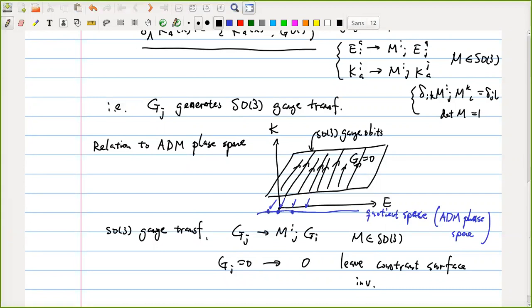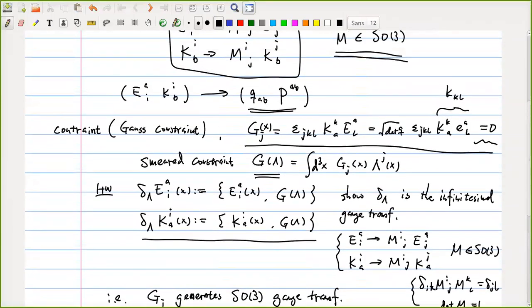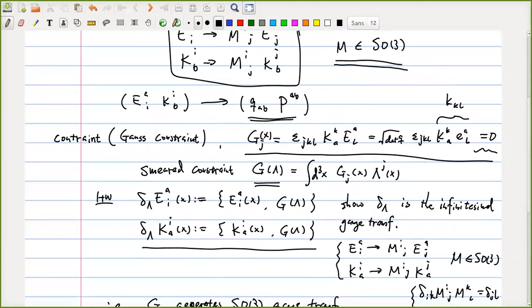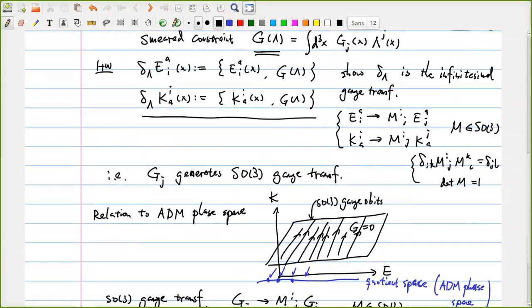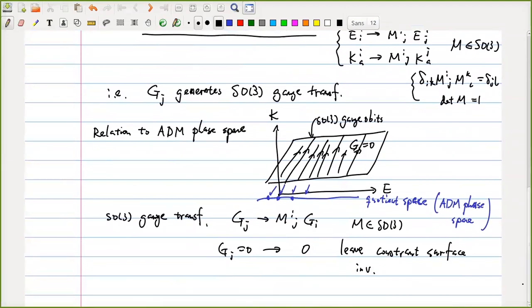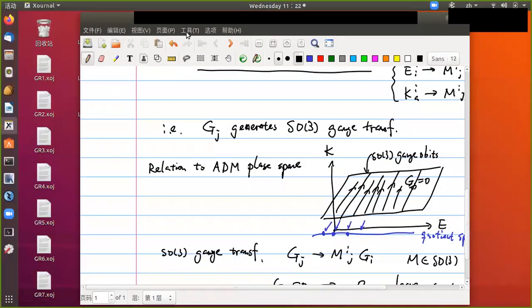After removing the gauge redundancy, what you are left with is just the ADM variables, because the only difference between E, K and ADM variables is the Gauss constraint and the SO(3) gauge transformation. That's the reason why the quotient space is just the ADM phase space. So this picture basically summarizes the relation between the extended phase space and the ADM phase space.